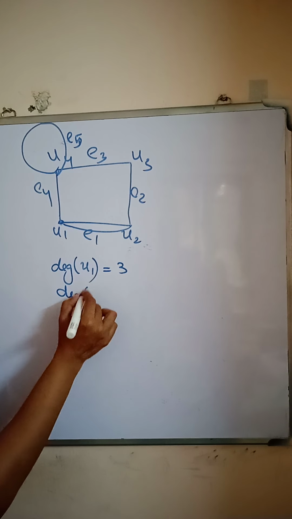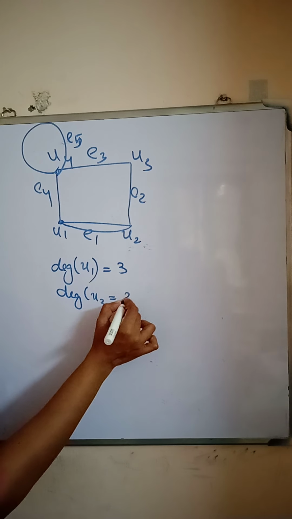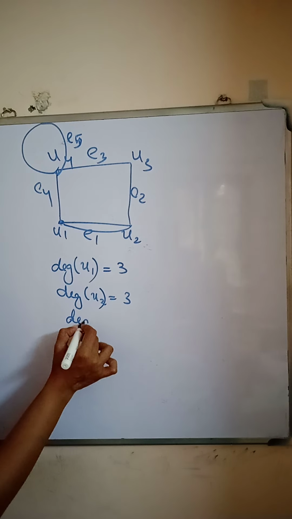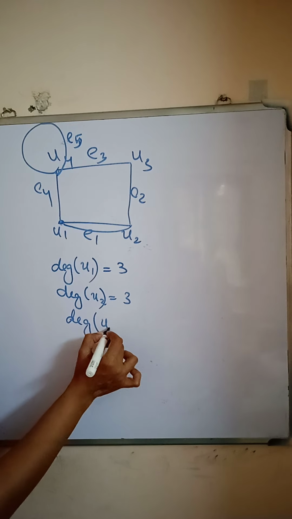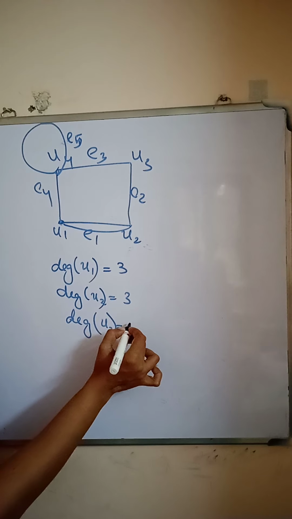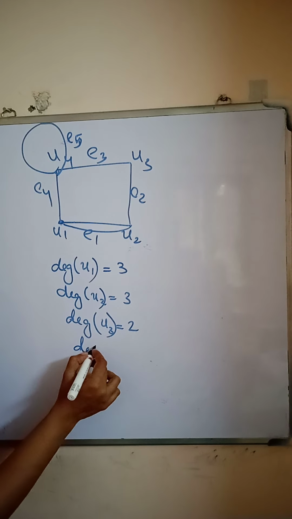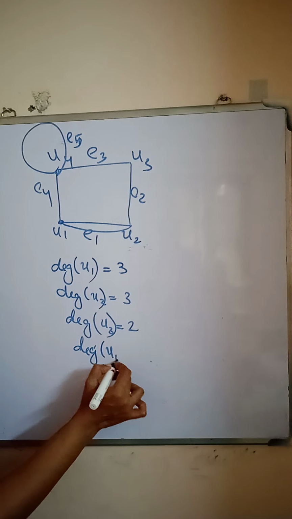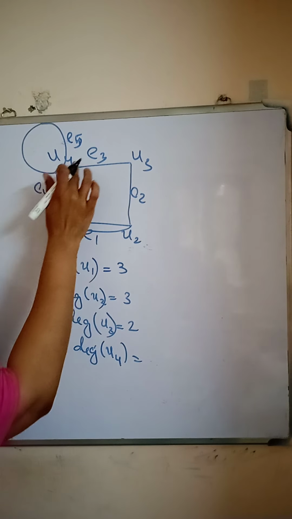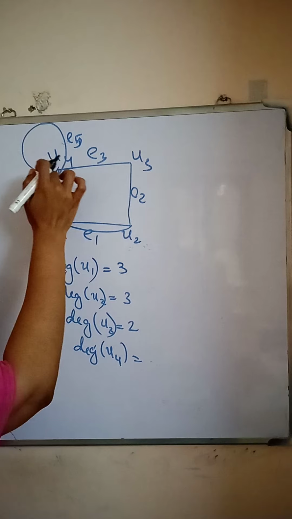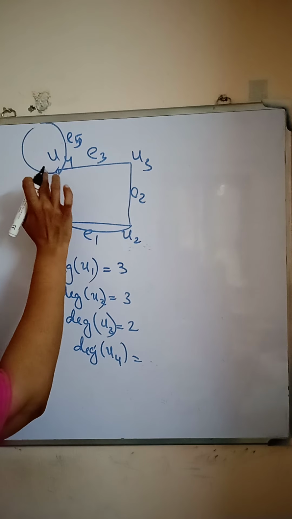And the degree of U2 is also 3. The degree of U3 is 2, as we have 2 edges.